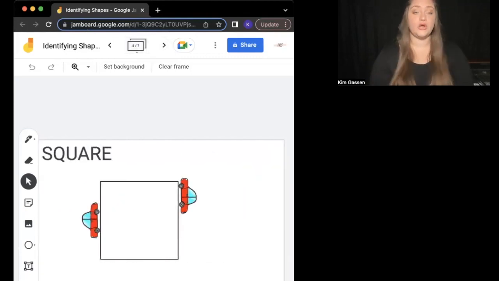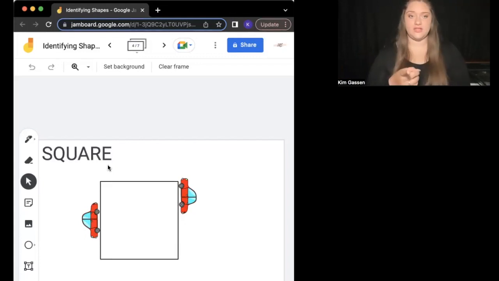Next shape we're going to learn is squares. Now, can anybody count how many sides there are on this square? I'll try first. I see 1, 2, 3, and 4. So how many sides do you guys see? How many turns do you guys see on my square?